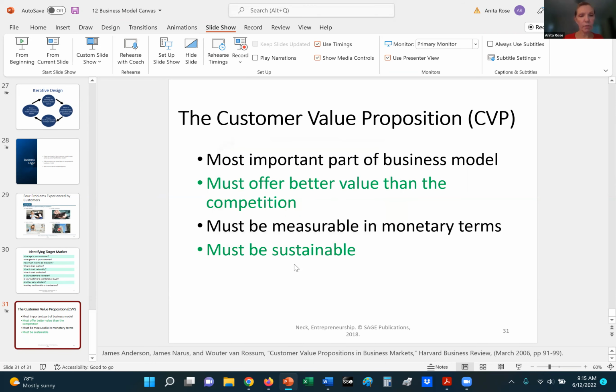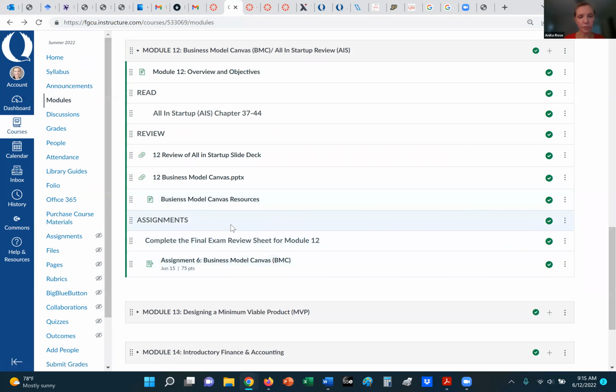Okay, so what I'd like you to do is take a look now at completing the module 12 component for the financial review sheet for the exam. And then let's take a look at, you know what, let's take a look at the business model canvas.